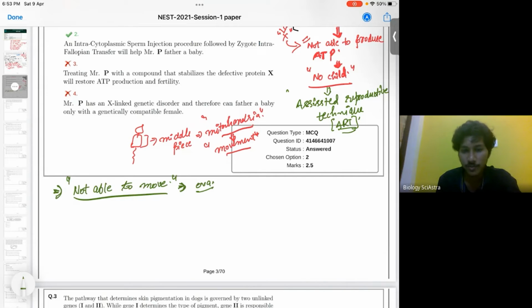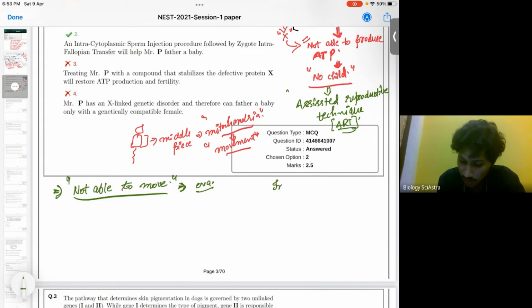वहीं पे फर्टिलाइजेशन होगी. तो हम अगर फीमेल के ओवा को रिप्रोडक्टिव ट्रैक्ट से निकाल ले और Mr. P के स्पर्म को भी निकाल ले, and we fertilize it in the test tube or in vitro conditions, then surely it will form a zygote, है ना?